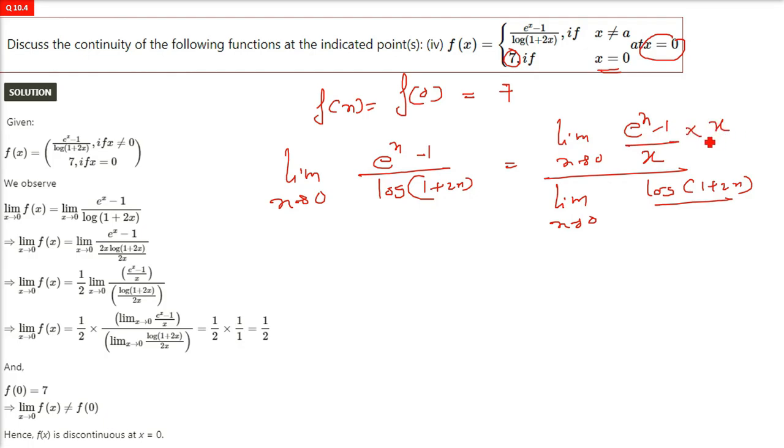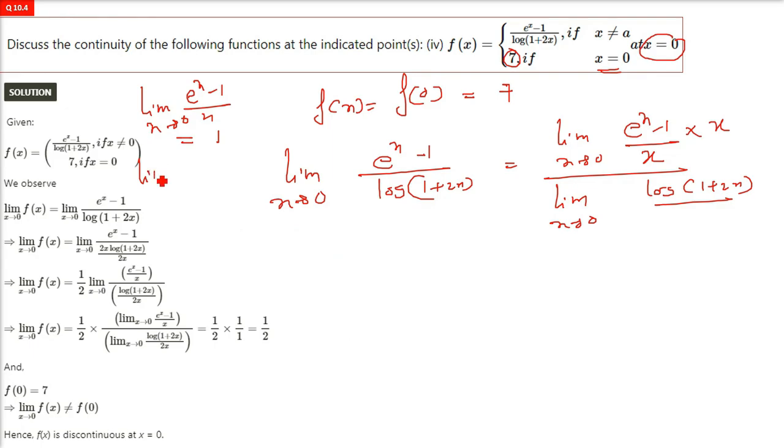So multiply this e raised x minus 1 by x and divide by x. Why have I done this? Because the limit of e raised x minus 1 by x as x tends to 0 is 1. This we already know, we have already proven.